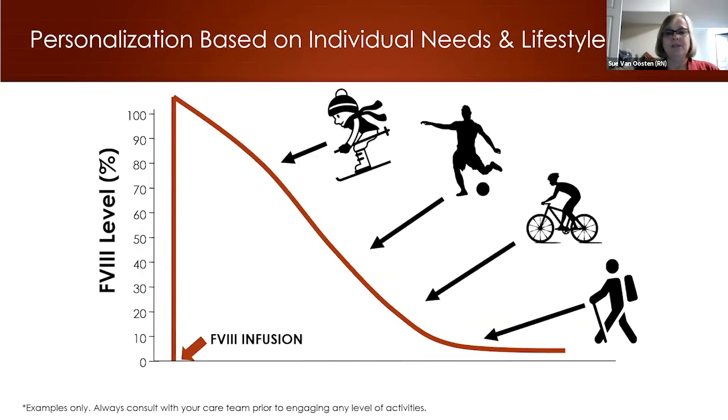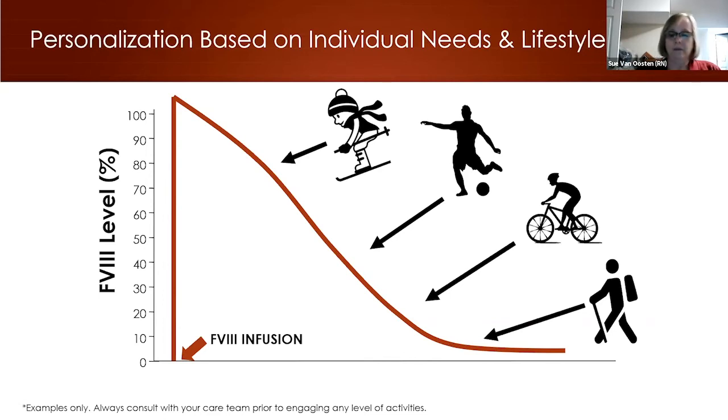And as Dr. Robinson had said, depending on the activity of the patient and the lifestyle needs, the level that is required can be different. So if you're a walker, you might be okay with 2 or 3%, or a biker or a soccer player. A skier, we want to go for the big levels. Skiing, and some young men still like to play hockey, that sort of thing.